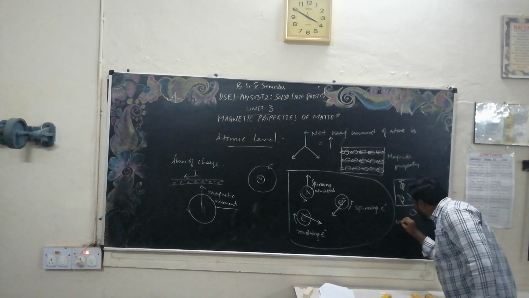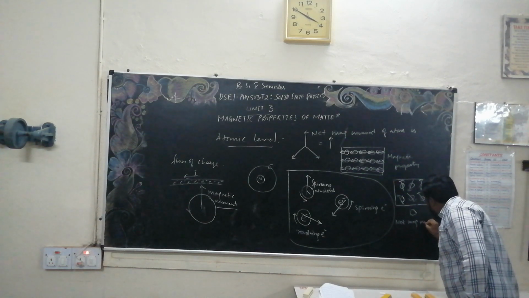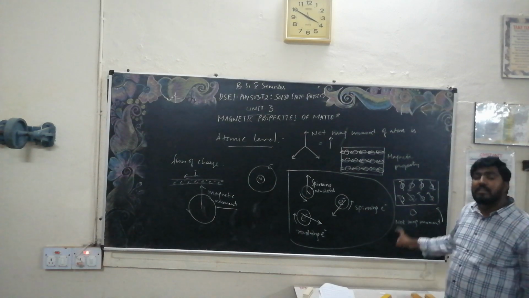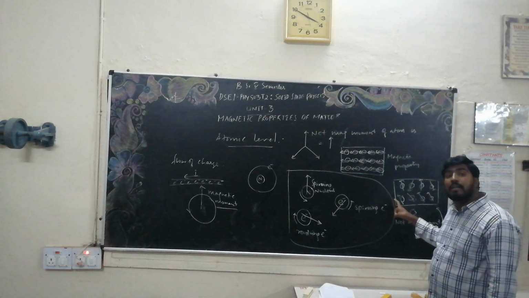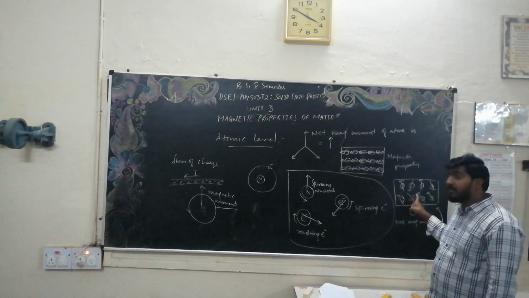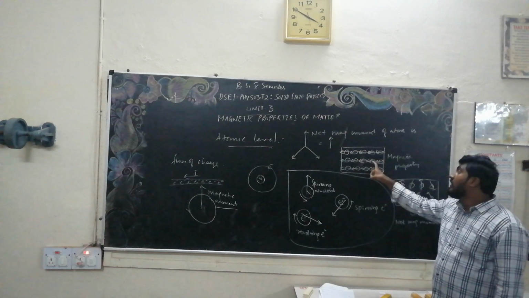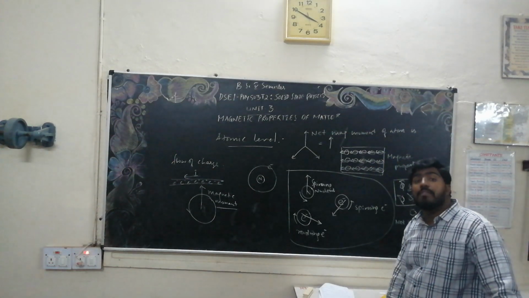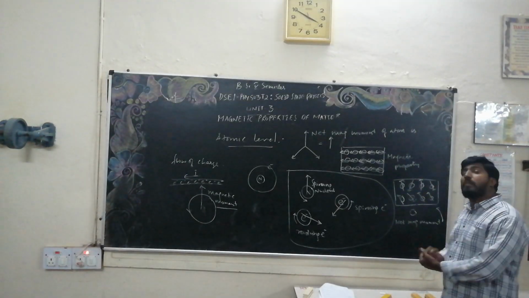The net magnetic moment of this system is zero because of the random directions of the magnetic moments of the individual atoms. Whereas in this case, all the atoms have only one direction of the magnetic moment. Because of that, it is a good magnetic material. Whereas this is not a good magnetic material.